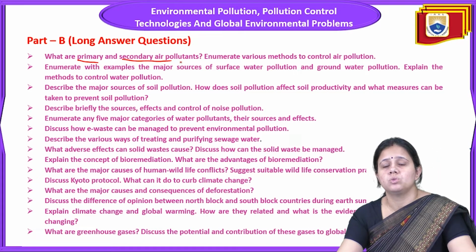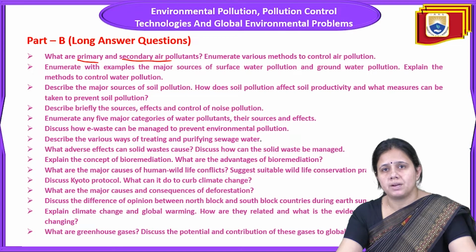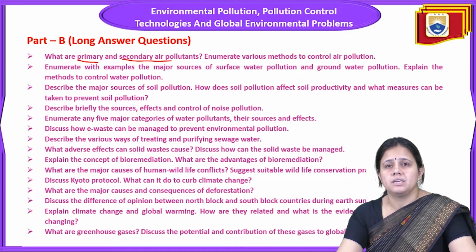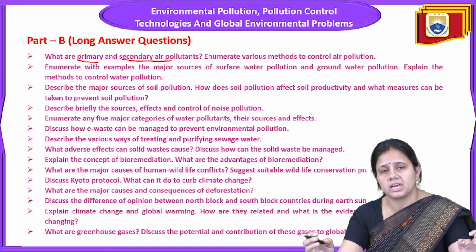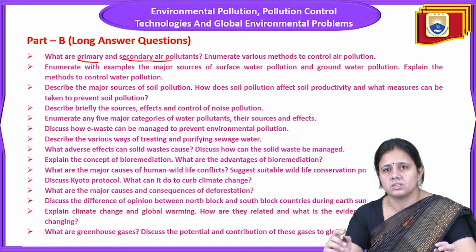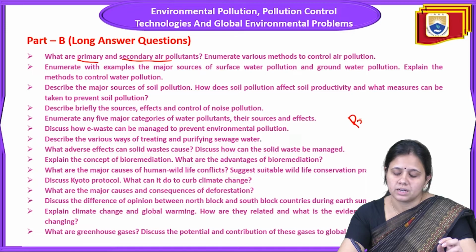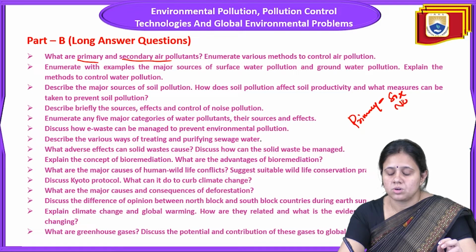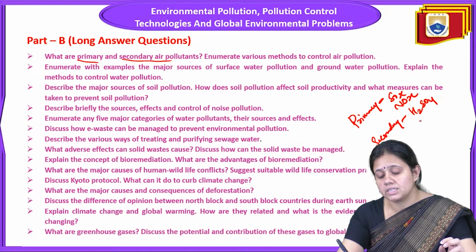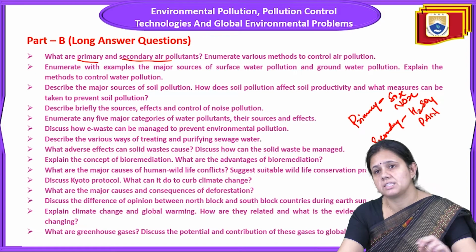Primary air pollutants are those pollutants that are generated directly, and secondary air pollutants are those pollutants that are generated due to a chemical reaction between primary pollutants. Examples of primary pollutants are SOx and NOx, and secondary pollutants are H2SO4, because H2SO4 is a secondary air pollutant, and PAN, peroxyacyl nitrate.